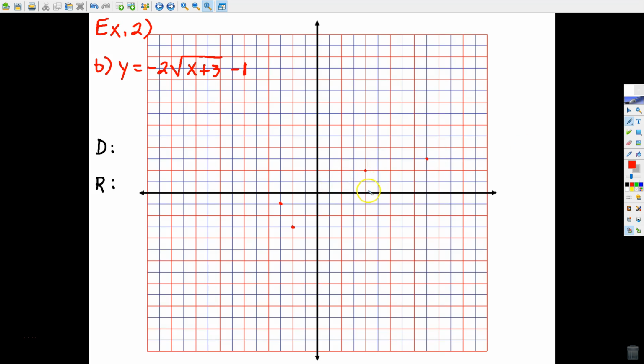Okay, this parent point is 4, 2, but the multiplying by -2 turns it into 4, -4. Okay, just the y-coordinate by -2, and then you do your shift. Left 3, down 1.